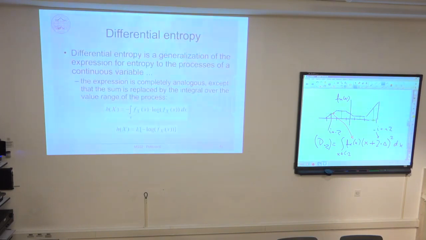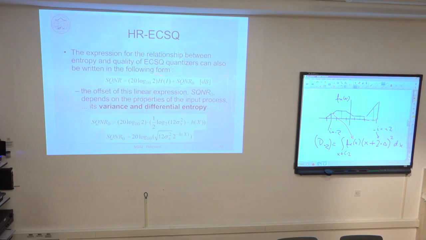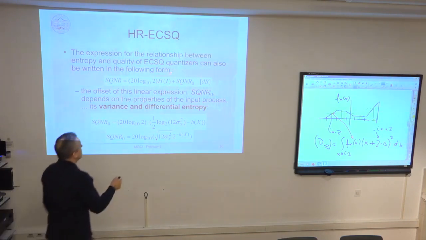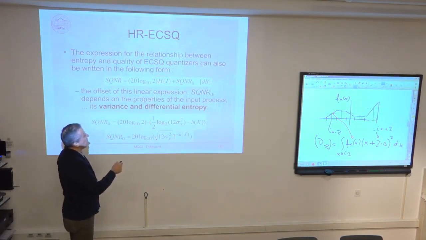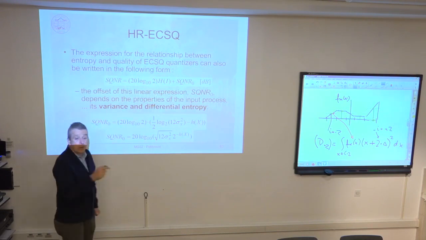Okay? And this would be the final expression that defines this line, signal to quantization noise ratio relative to output entropy. So this is the output entropy, H of I. As we had in our previous example, I had only this part here, 6.02 decibels times output entropy.